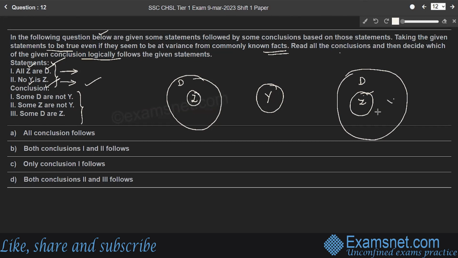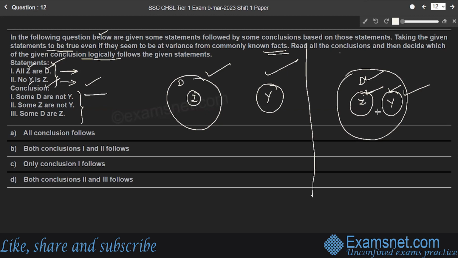But the set Y can be inside D, right? Though there is no direct relation between D and Y given in the statements, you can consider set Y inside D. So we'll consider these 2 cases.